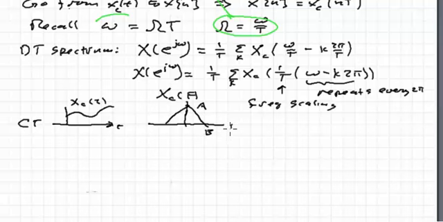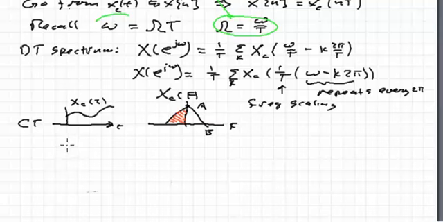Bandwidth B. And one other thing I'm going to do is remind us how we looked at the symmetry of these spectra, discrete time Fourier transforms: the left side is exactly the same as the right side, except they're complex conjugates of each other. All right, so keep that in mind.